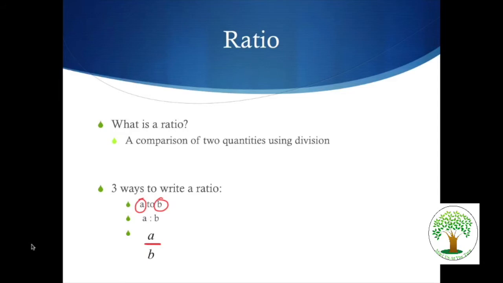So if I said 1 to 2, how could I write that in the second way? 1:2. How could I write it as a fraction? 1/2, okay? So the number that's in front goes on the top of the fraction or in front of the colon, and the number that's in the back goes on the bottom of the fraction or the second one after the colon, okay? Questions so far?